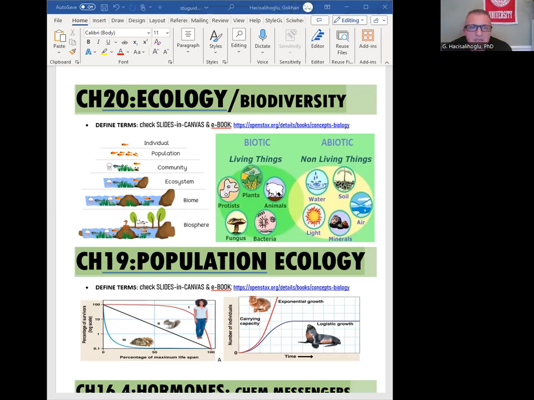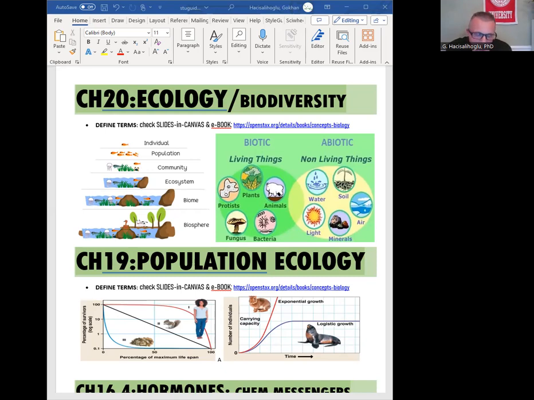And non-living is abiotic, which is water, soil, air, light, minerals, fire, anything that's non-living. It's also light and wind, etc. So these are all involved in the ecosystem, because an ecosystem is a community of living and non-living, biotic and abiotic components.